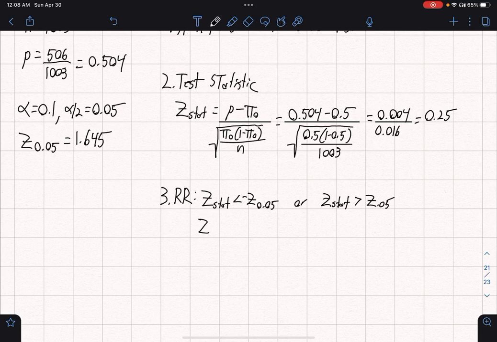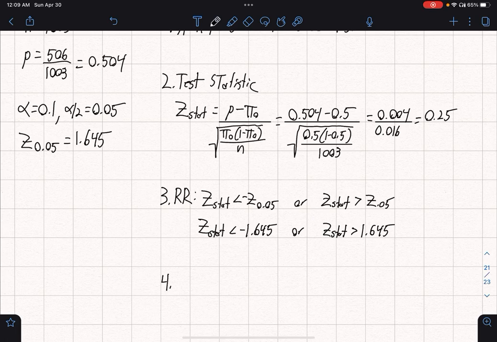So that would be z-stat less than negative 1.645, right? Where z.05, we found that to be 1.645. Or z-stat bigger than positive 1.645.